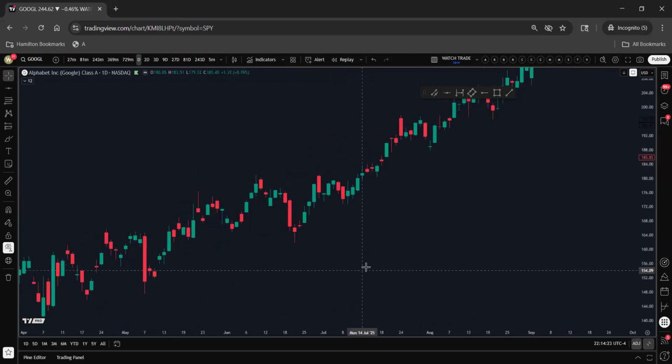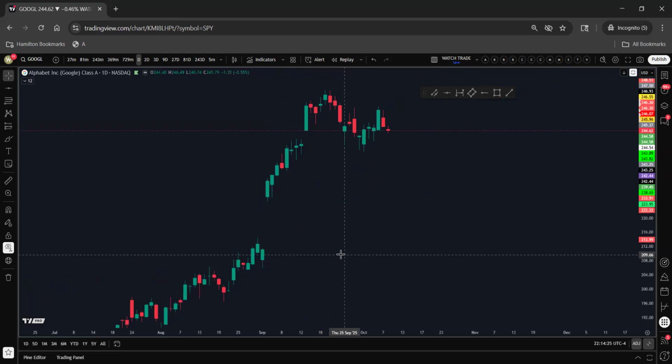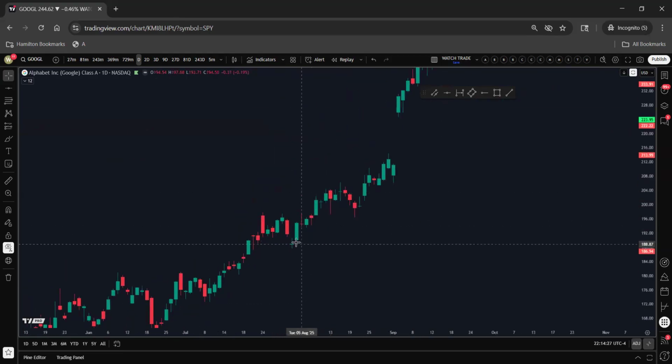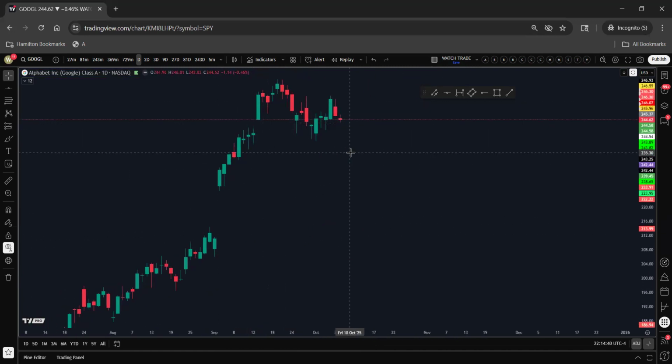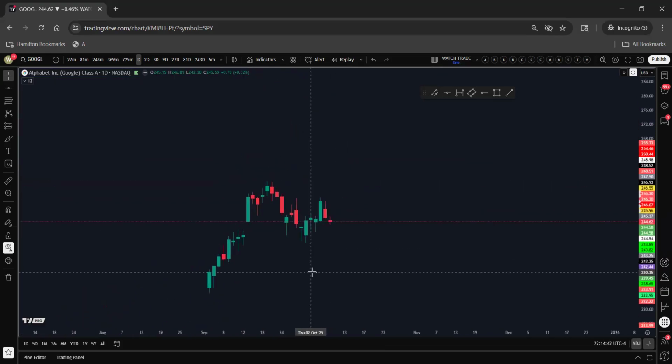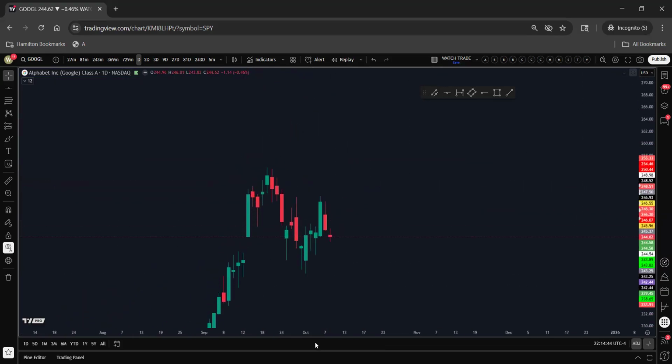The gaps that typically get filled 90% of the time are these bearish gaps. This bearish gap here got filled. If you gap down, typically that gap will get filled eventually, especially in a bullish market.